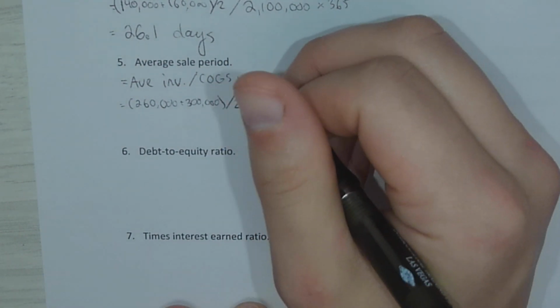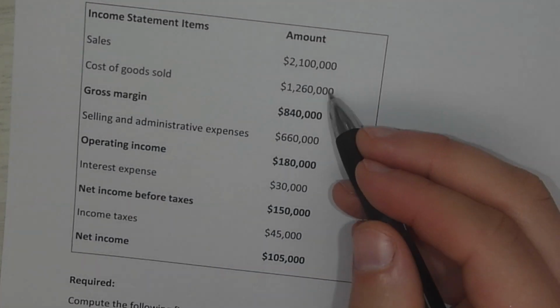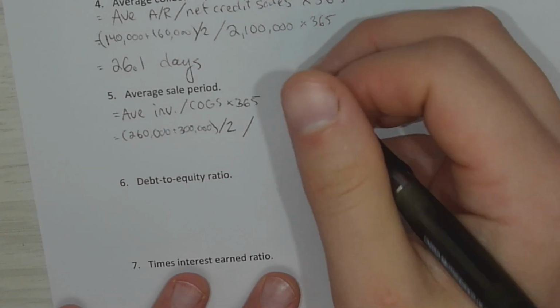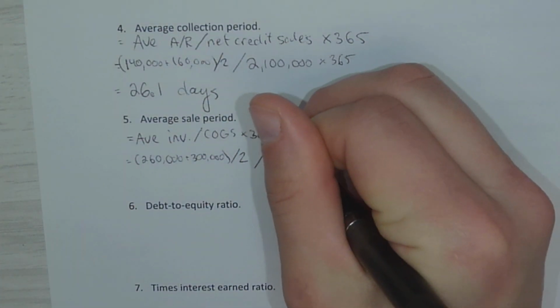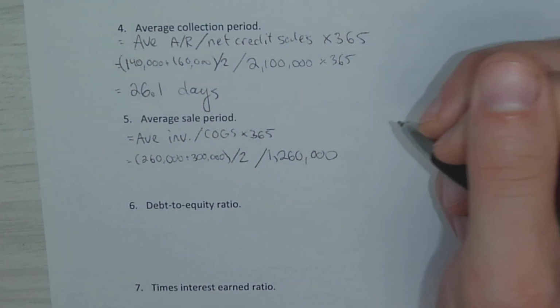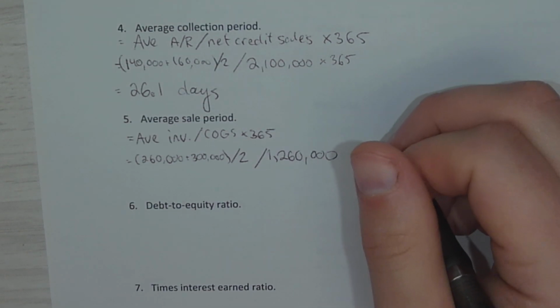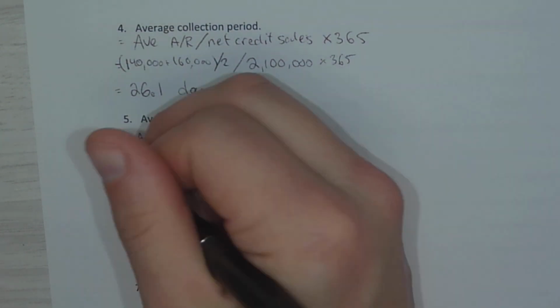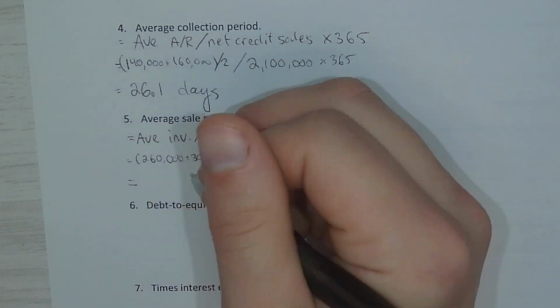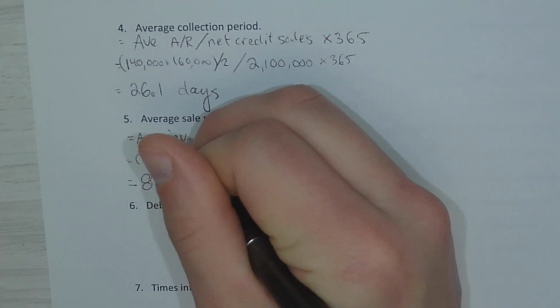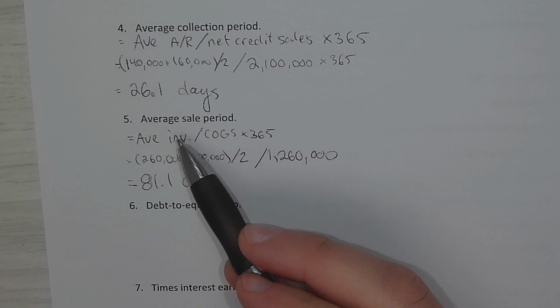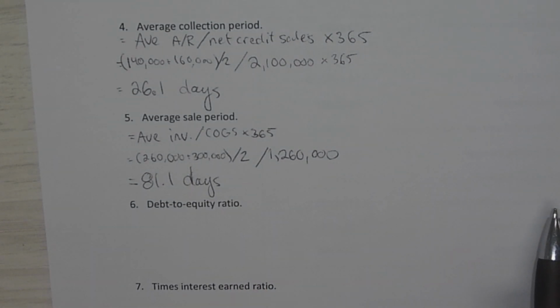Divided by our cost of goods sold, which is on our income statement at 1.26 million, and we get 81.1 days. So that's how long it takes from receiving to selling our inventory.